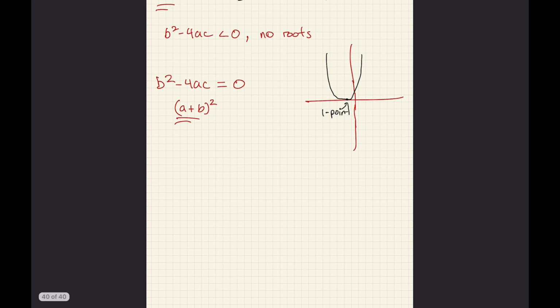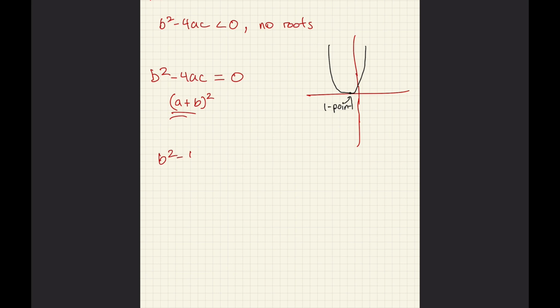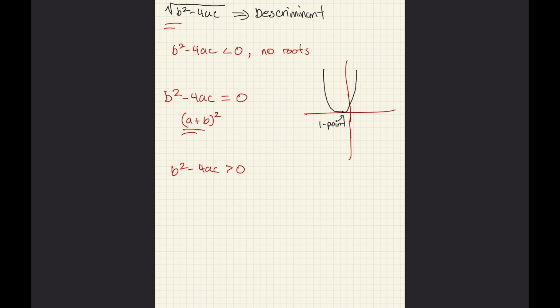Great. But what if b squared minus 4ac is larger than 0? This means we are going to have two roots. So, one root and no roots, and when b squared minus 4ac is larger than 0, we have two roots.